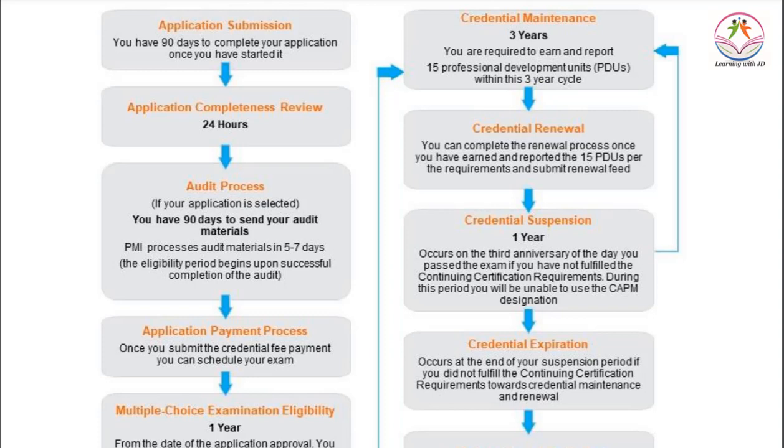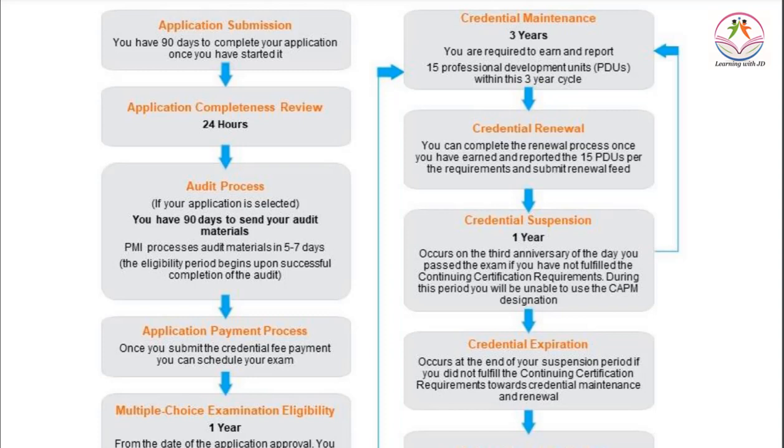Now, credential suspension is for 1 year and occurs on the 3rd anniversary of the day you passed your exam, if you have not fulfilled the CCR, the continuing certification requirement, which means if you have not submitted 15 PDUs. Your credential will go into suspension mode for 1 year. During this period, you will be unable to use the CAPM designation.